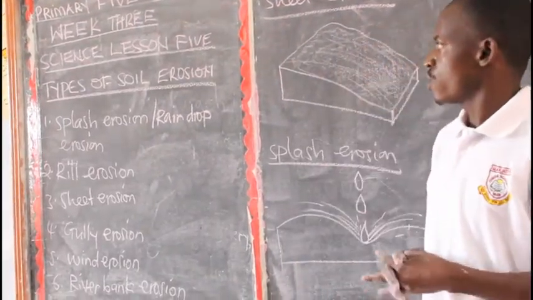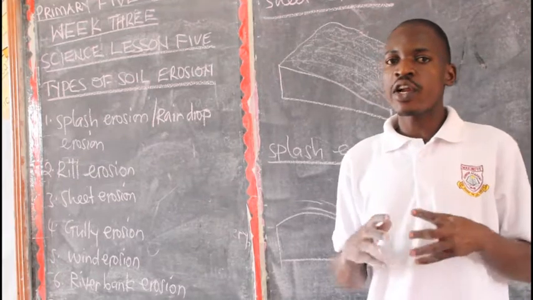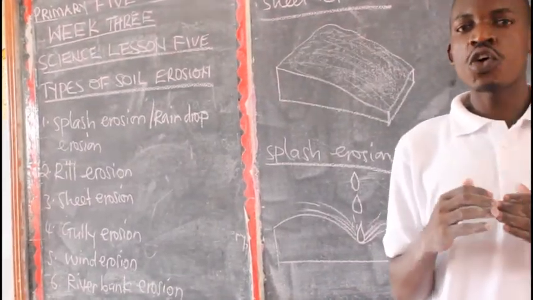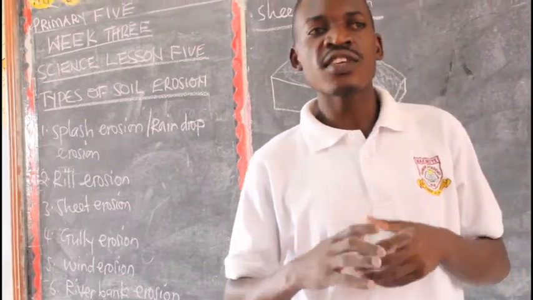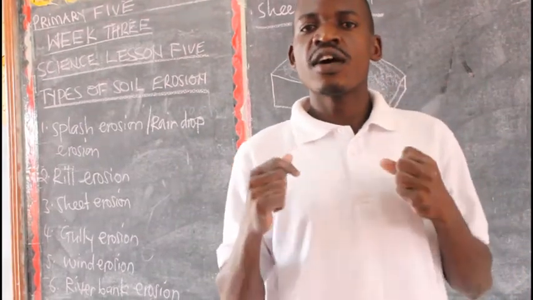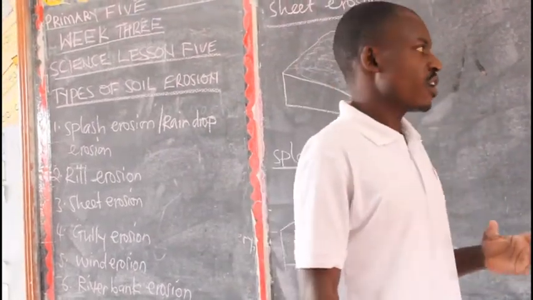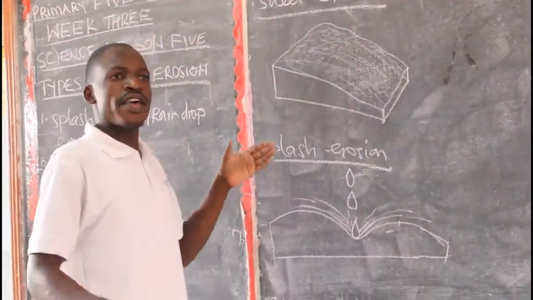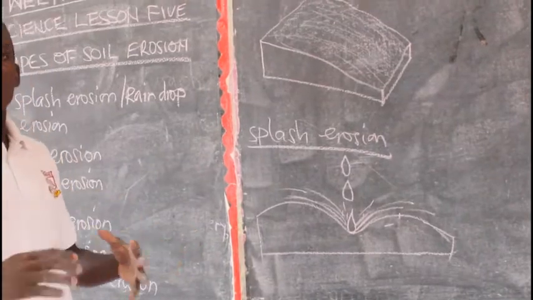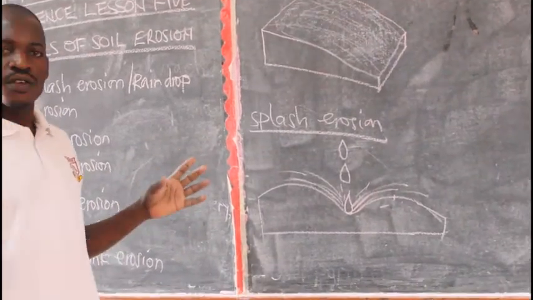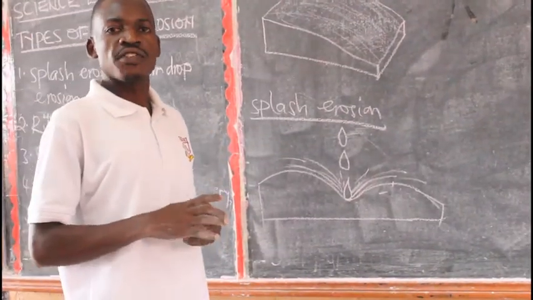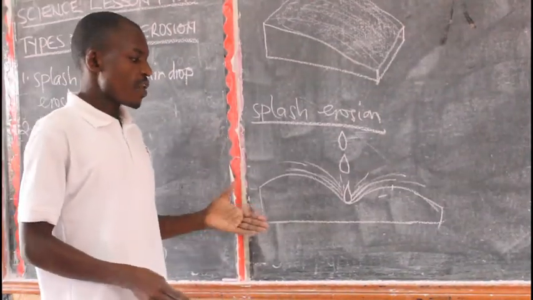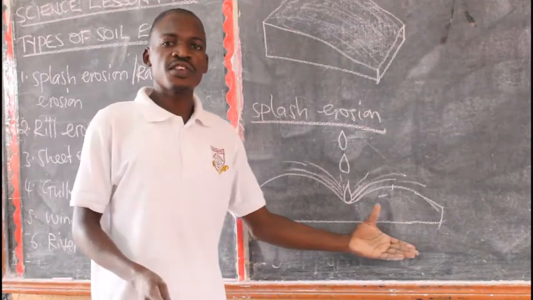One is what we call splash erosion or raindrop erosion. As its name suggests, it is where raindrops hit the bare ground and make the soil splash from its original position. Look at this diagram here. We have our ground here which is bare.